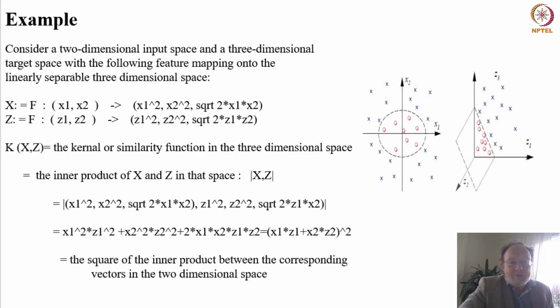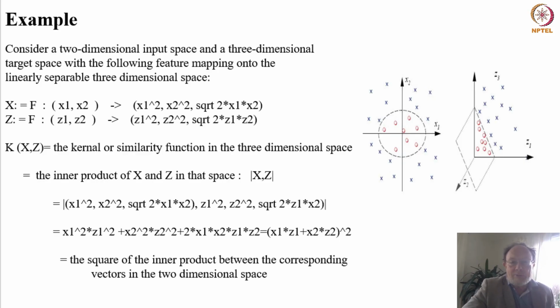If we then look at two vectors, x and z, we can consider them in both spaces, and we look at the similarity function in the three-dimensional space, which we choose to be the inner product of x and z in that space. Then we expand that through a normal calculation using the definition of the mapping.